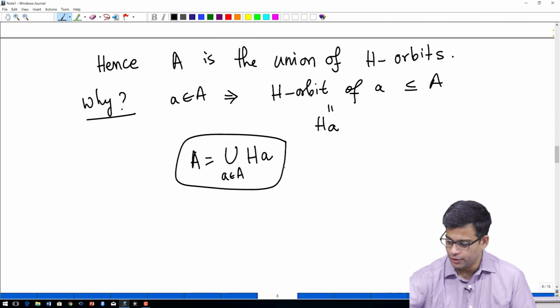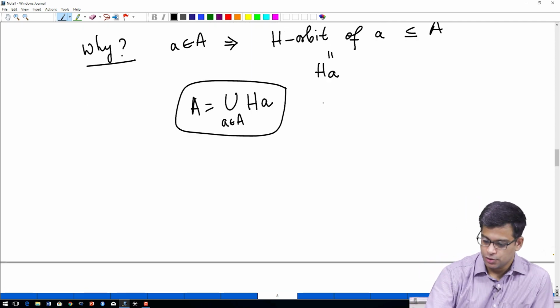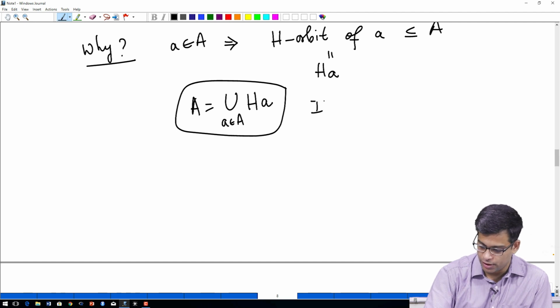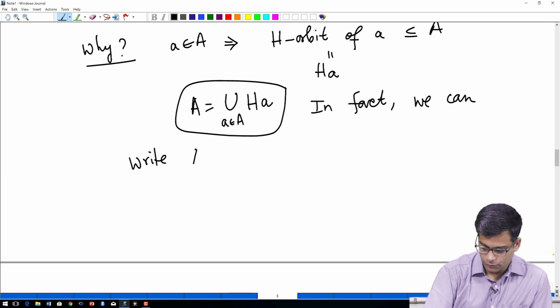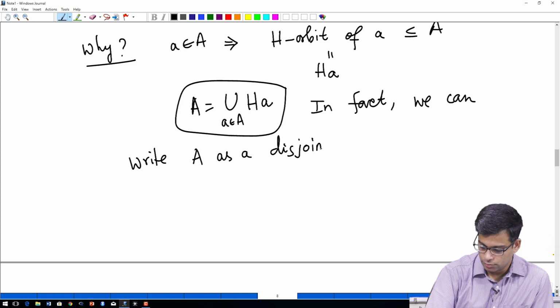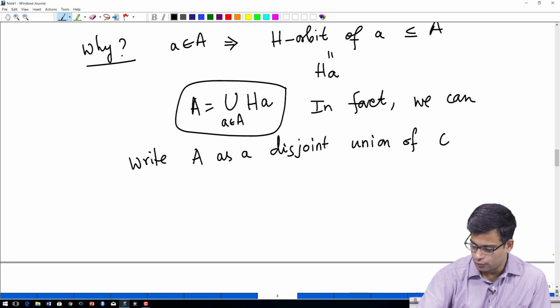Now also we know that cosets are disjoint, so we can write A as a disjoint union of cosets.